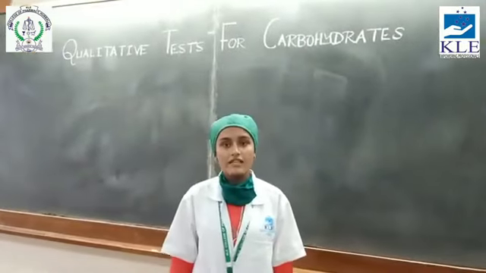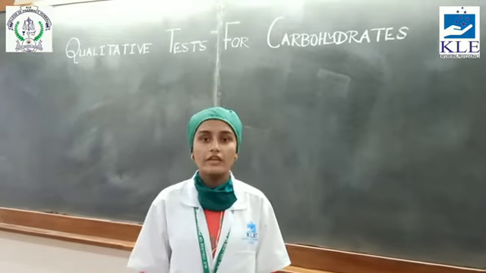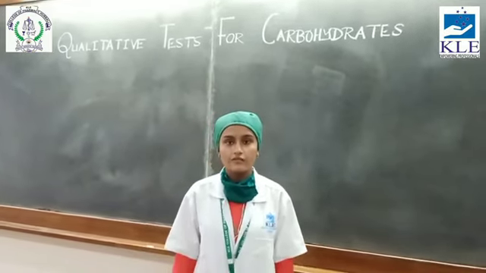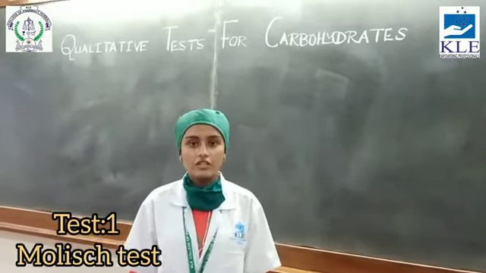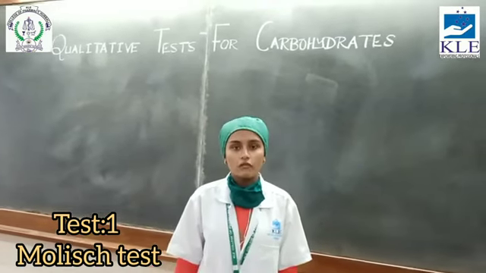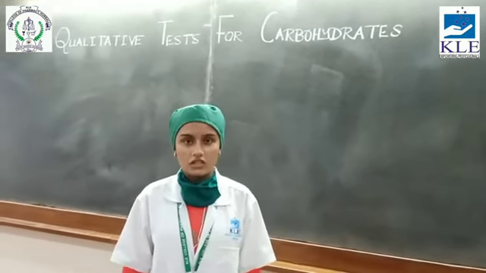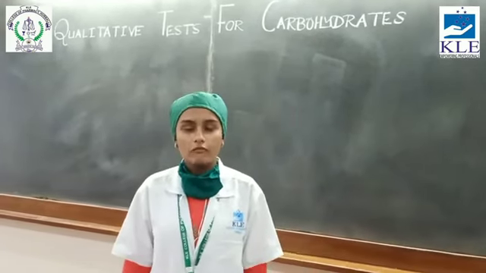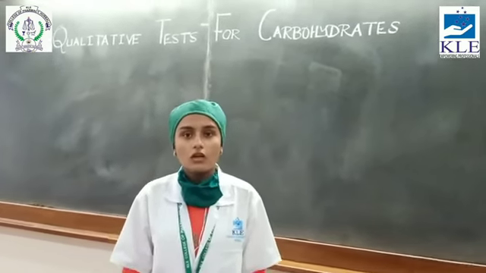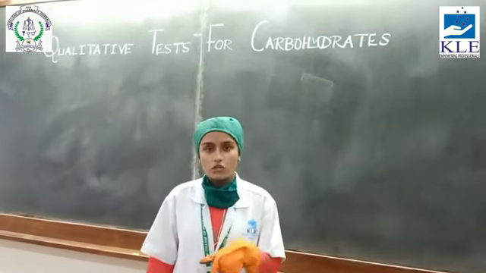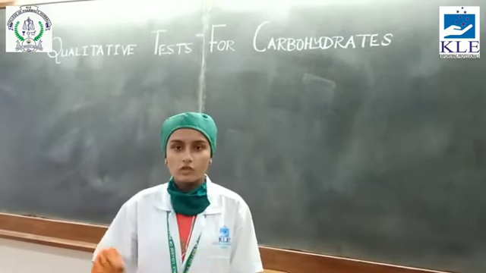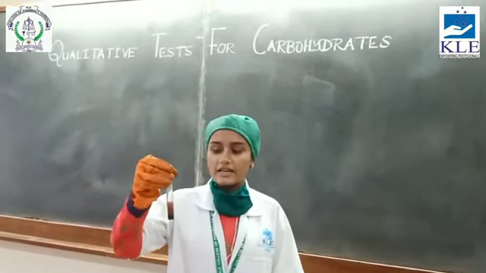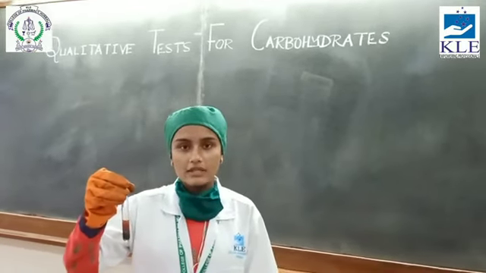Greetings to everyone. Myself, Rakshita. I am performing the qualitative test for carbohydrates for the unknown given sample. First one, Molisch test. 2 ml of test solution and 2 drops of Molisch reagent, plus 1 ml of concentrated H2SO4 along the sides of the test tube. By observing it, we will get a violet ring at the junction of the two liquids.